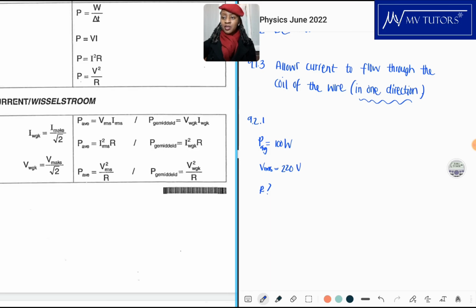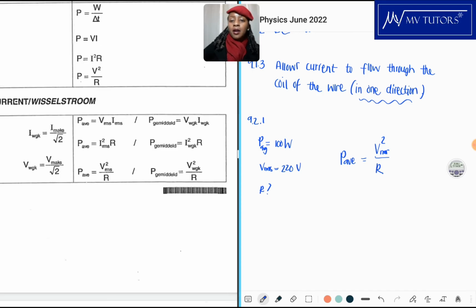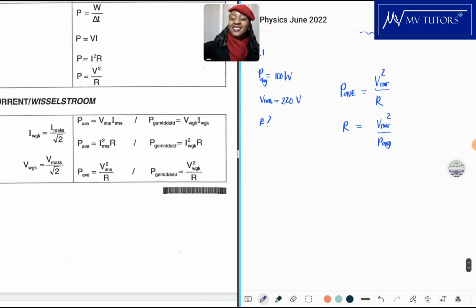The equation is P average equals V_rms squared over R. If I make R the subject of the formula, we get R equals V_rms squared over P average. And what is our voltage? Well, 220 squared, and our power is 100.